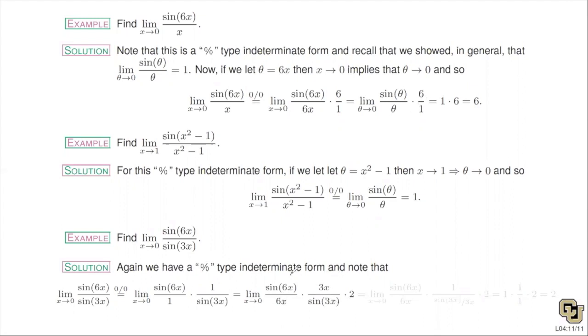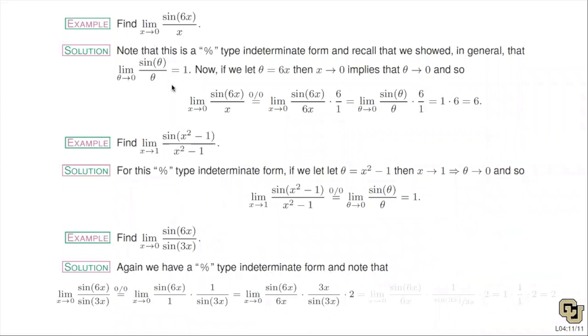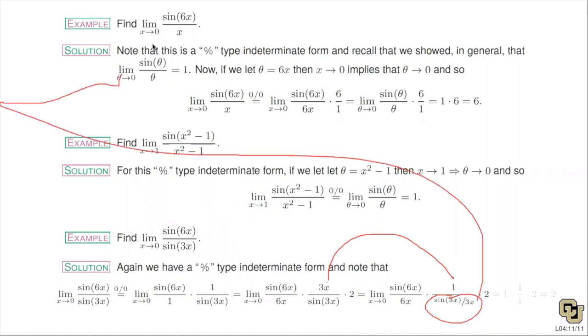So now we're almost ready. This part looks exactly like our special form right here. I just need to do one last thing here. This almost looks correct, but it's the reciprocal. So that's okay. We have limit properties. I can write this term 3x over sine 3x as 1 over sine 3x over 3x. Now this part in the denominator has exactly the same form as this.